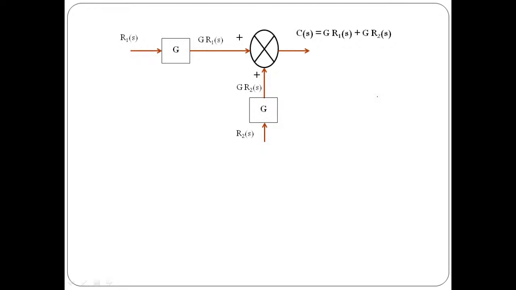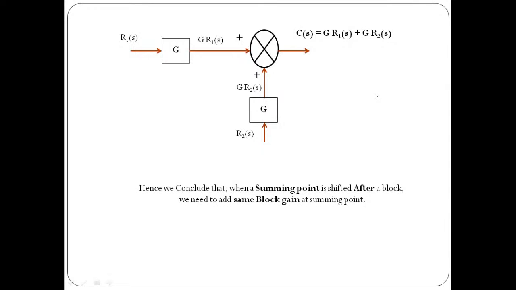Now this matches our base case. So finally we conclude that whenever we shift a summing point after a block, we need to add the same block gain. This is very important.